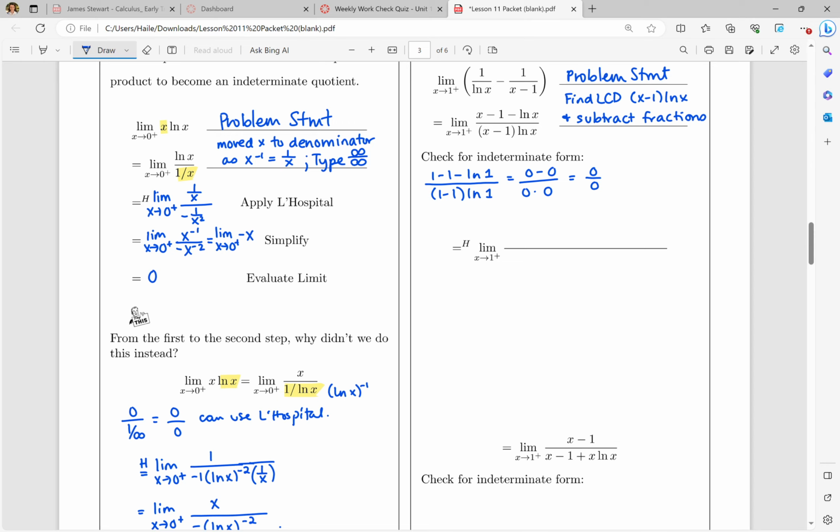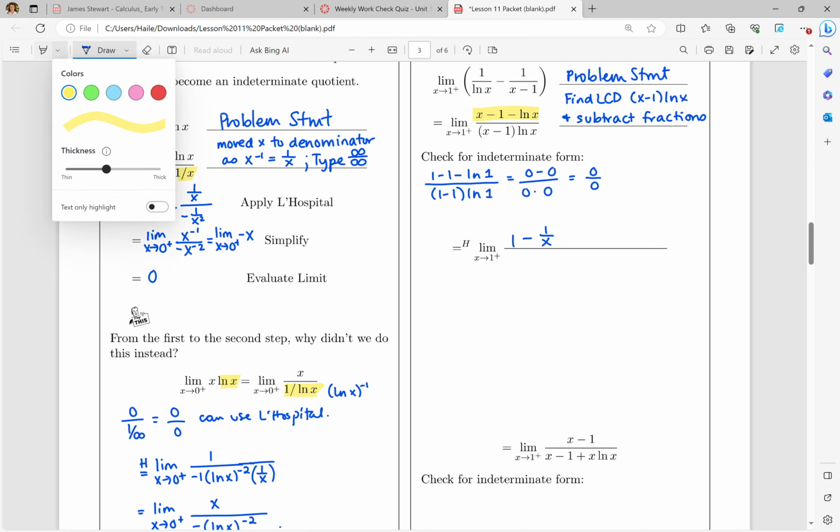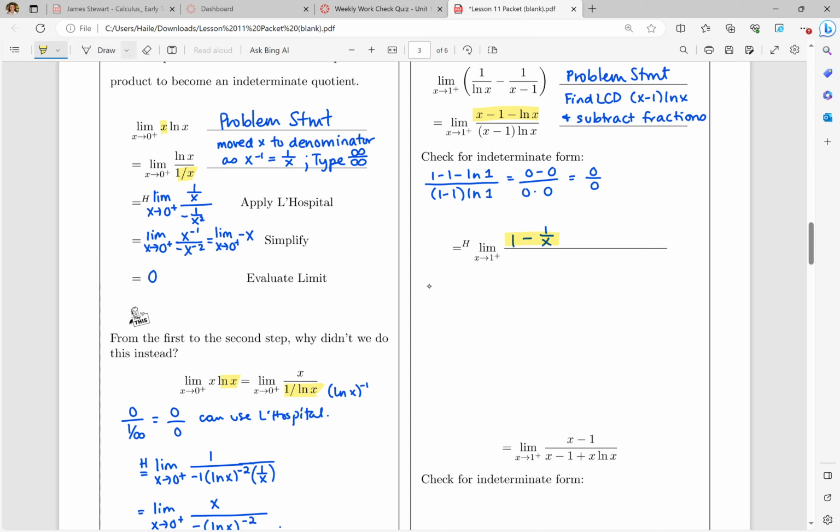First, if we take the derivative of x minus 1 minus ln of x, we get 1 minus 0, since the derivative of 1 is 0, minus 1 over x. The derivative of ln of x is 1 over x. Let me highlight this to show that that's our derivative. Now let's take the derivative of the denominator.